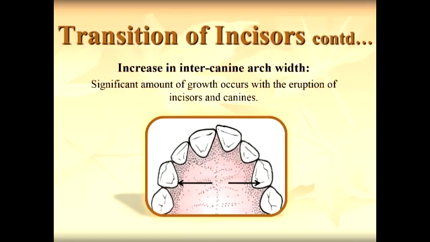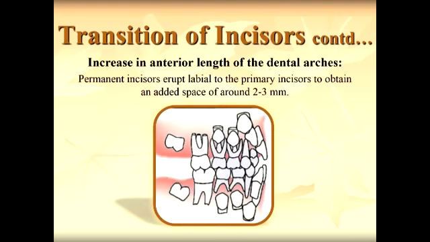The intercanine width is a very important measurement in many research and analyses done by many authors. Therefore, there is an increase in the anterior length of the dental arch.